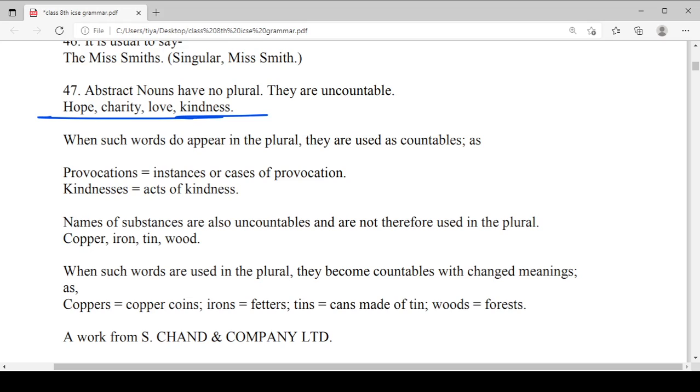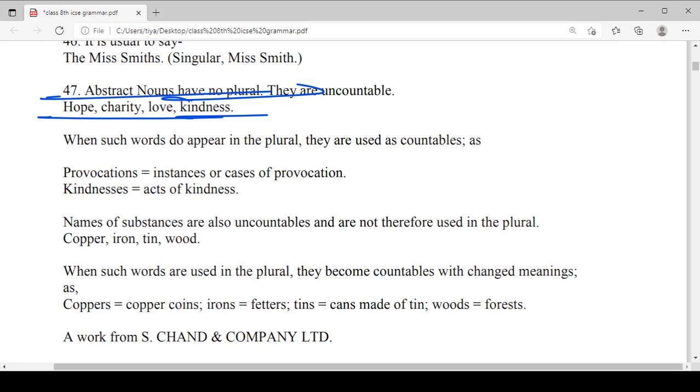They do not physically exist, but they are like goodness, badness, hope, charity, love, kindness, cruelness. This kind of words are called abstract nouns, and they are uncountable, and they have no plural. It means there is no plural of the abstract noun.